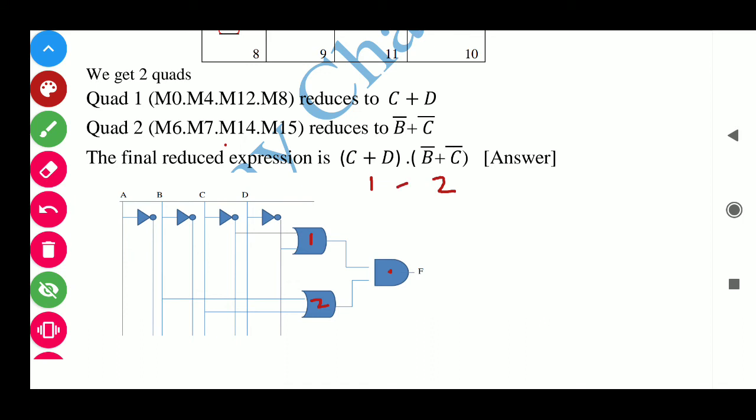So C plus D: C is connected here, and D is connected, C plus D should be connected to this one. Oh sorry, one minute, here, this one, D.